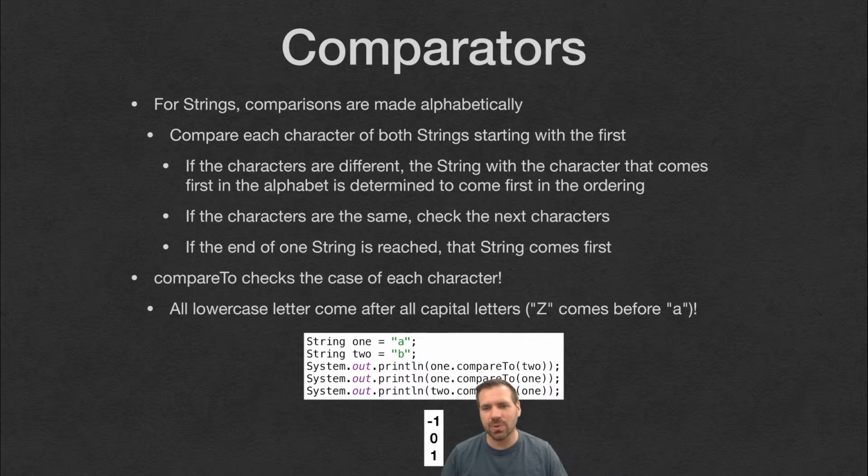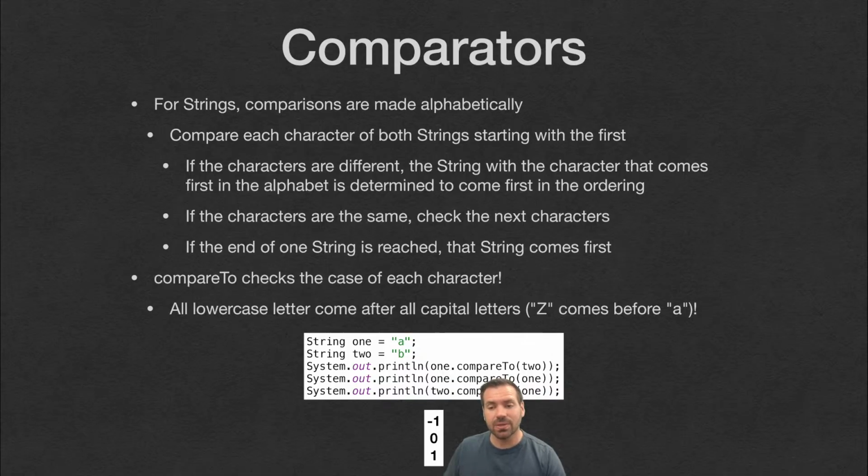You probably want actual alphabetical ordering that ignores case. And Java does give us, in the String class, a method named compareToIgnoreCase. So if you do want to sort strings while ignoring case, there are methods for that.